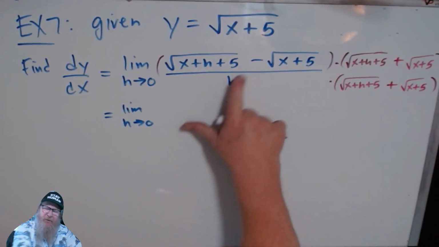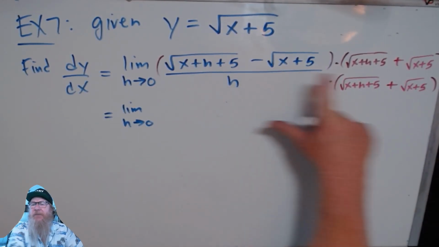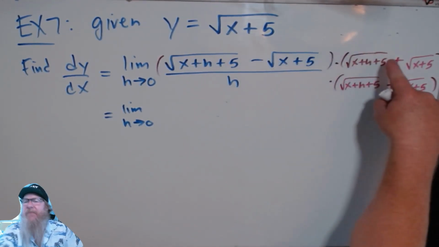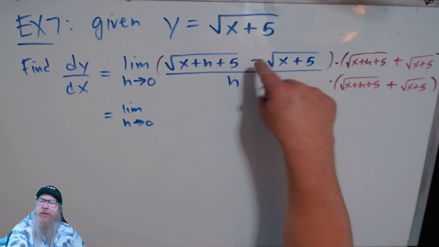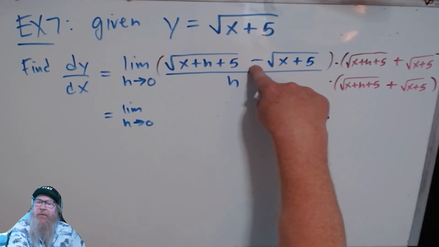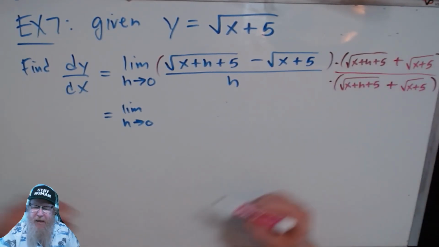When you're doing a derivative, that middle sign is always negative. It's just part of the formula. So that means this one's always going to be positive. I do sometimes say, well, if this one was positive, then that one would be negative. And that is true. But when we're taking derivatives, this is always a minus because the definition is always subtraction. So that means this one will always be plus.